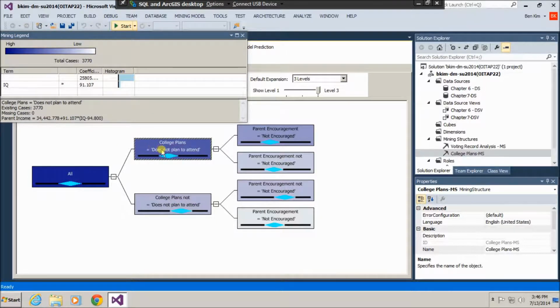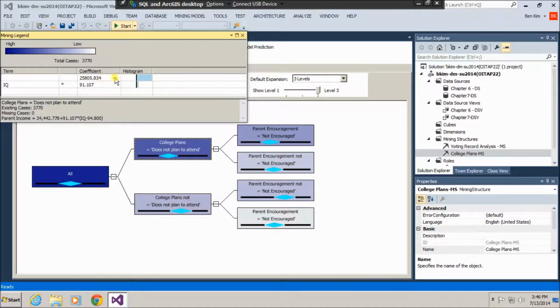This one is for students who do not plan to go to college. For this group, they also provide a regression model, like a coefficient. Basically, the y-intercept is 25,805, and the slope is 91.